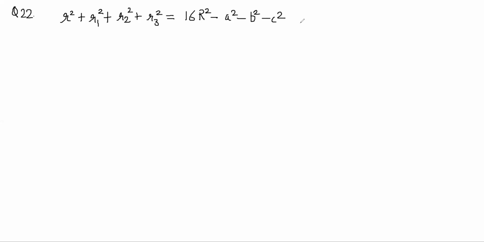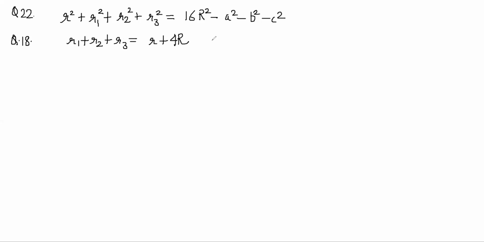Okay, so now you have to use question number 18 here. Question number 18 here is r1 plus r2 plus r3 is equal to small r plus 4 capital R, no?